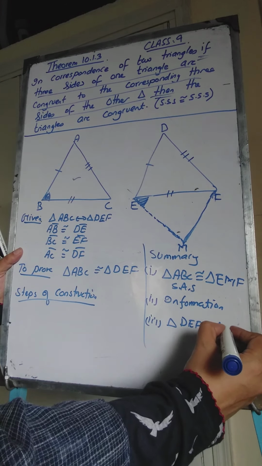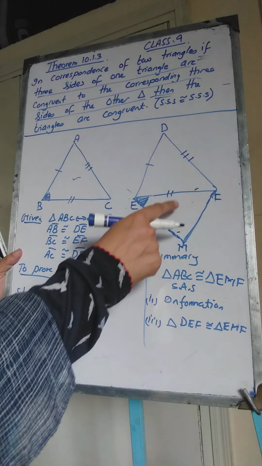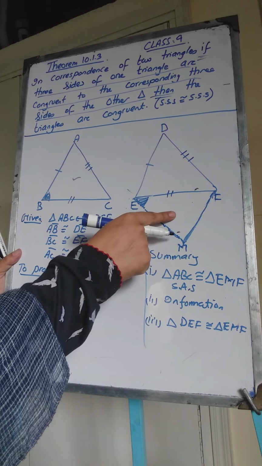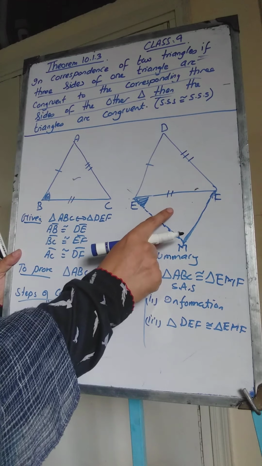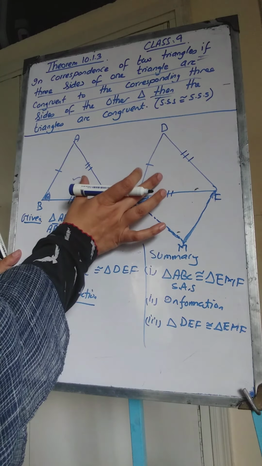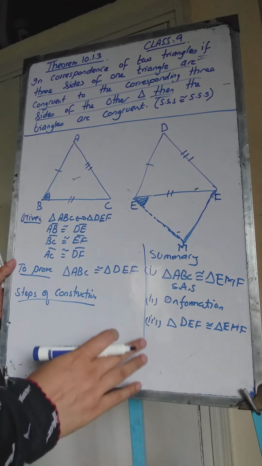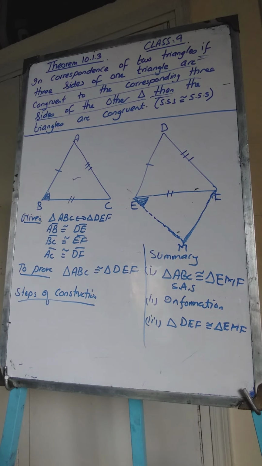So first we are going to prove these two triangles congruent, then with congruency of these two triangles, we are going to get some information which will help us to prove that these two triangles are also congruent. So if this triangle is congruent to this and DEF is also congruent to this, then it will prove that both the triangles are congruent because both are equal to this triangle. So these are the steps we are going to do. I will tell you the details now.